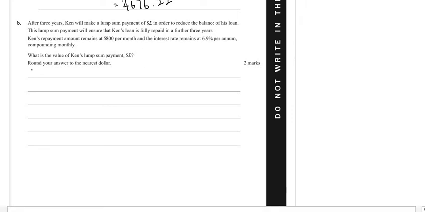Then my n will be equal to 36, my I is still equal to 6.9, my PV is 70,000, my CY and PY are all equal to 12. So find out my FV.